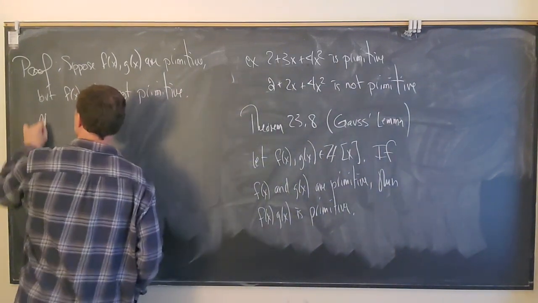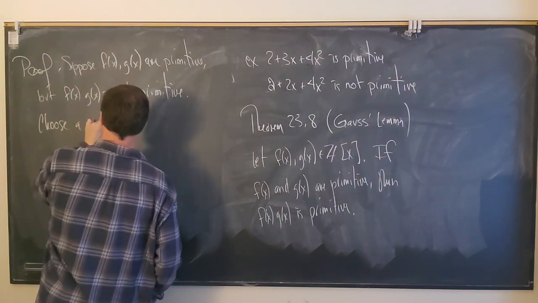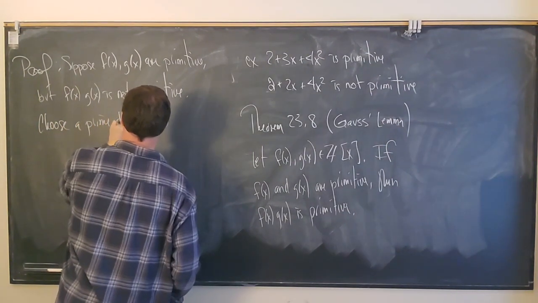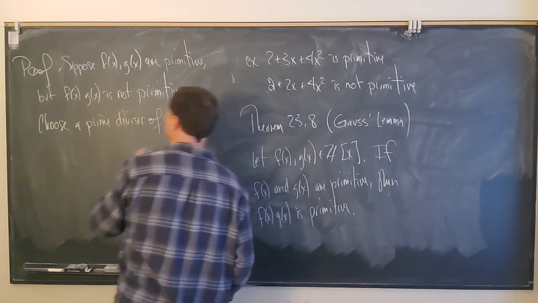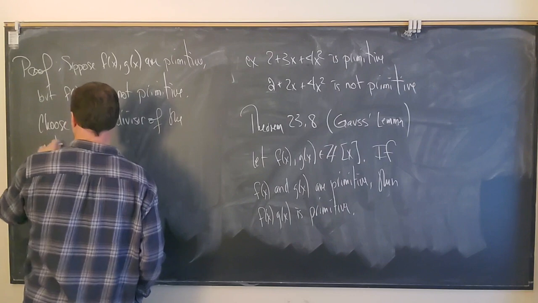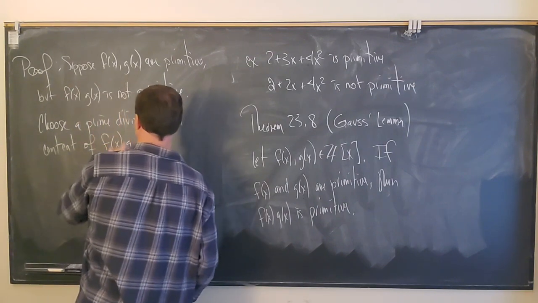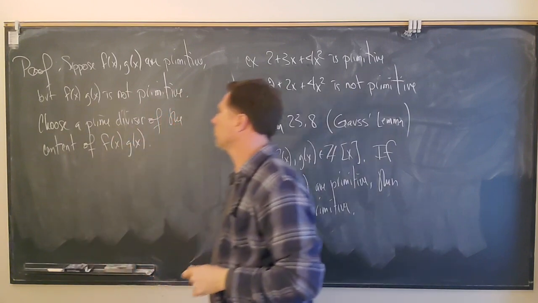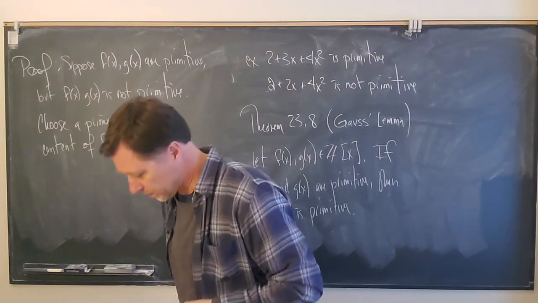Let's choose a prime divisor of the content of f of x times g of x. Just choose any prime divisor, it doesn't matter.